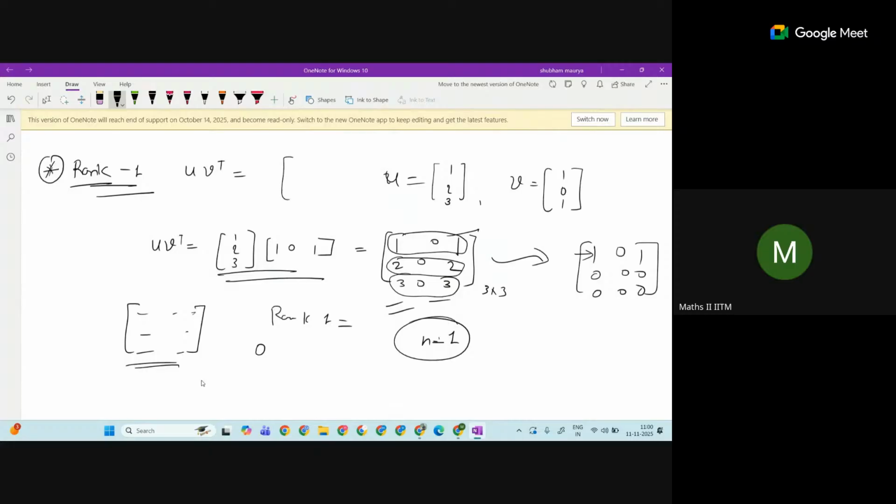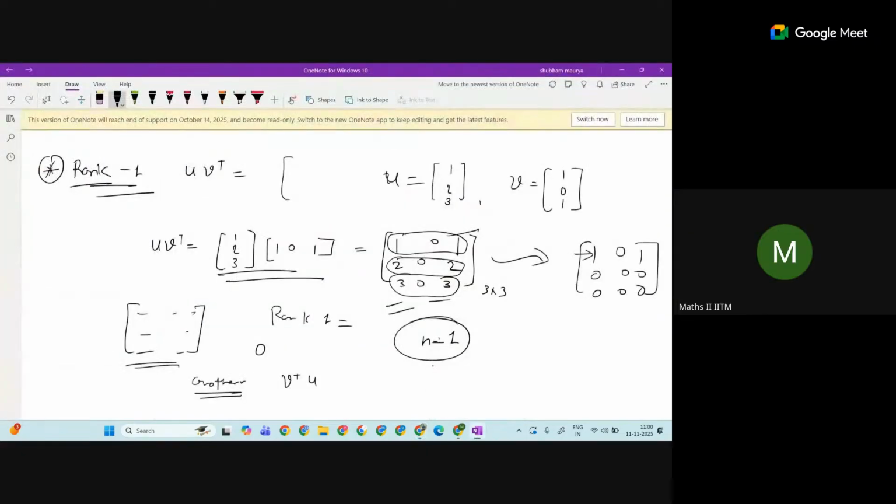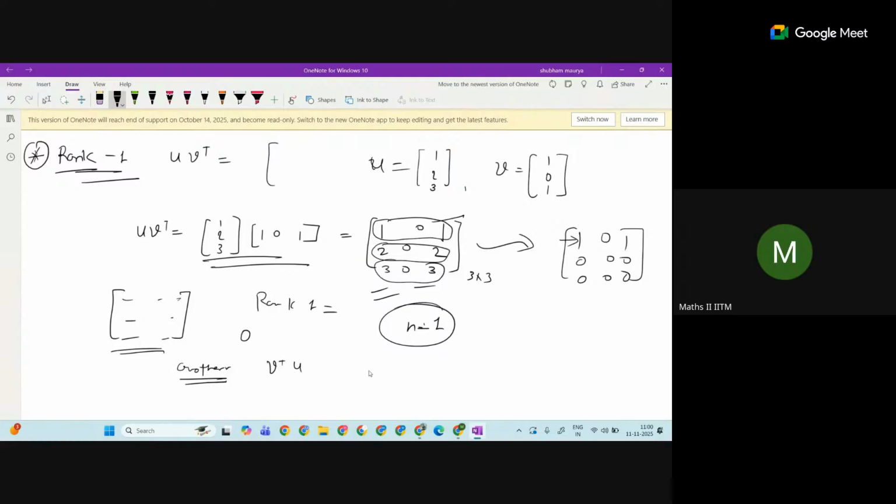Another eigenvalue is just V transpose U. Previously it was U transpose V, but here V transpose U is going to be one eigenvalue of the matrix, because V transpose U is a scalar.